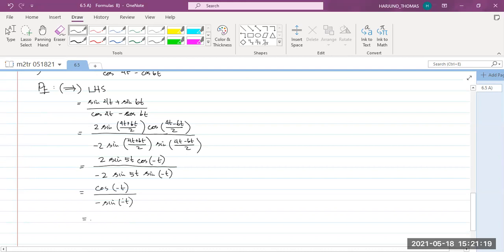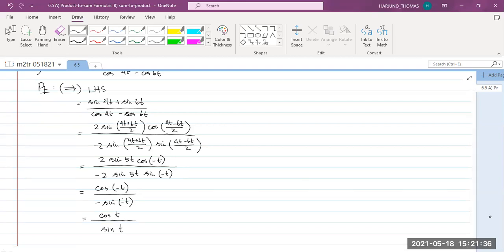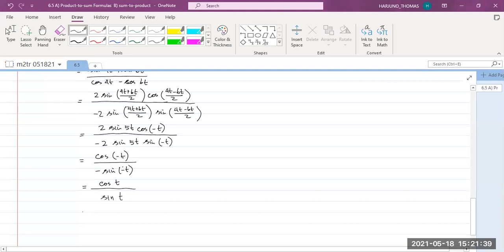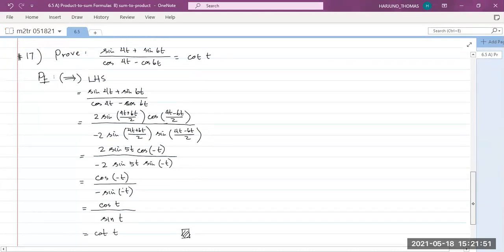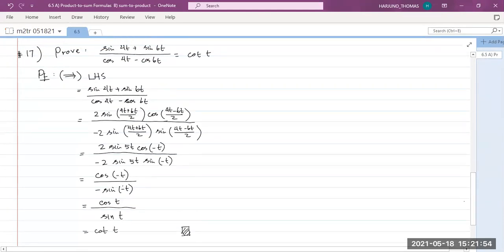Using the negative angle identities, cosine negative is cosine positive, and sine negative is negative sine positive. So at the bottom it becomes just sine t. But that is what we have on the right-hand side, that's called cotangent t. Okay, that's for number 17.